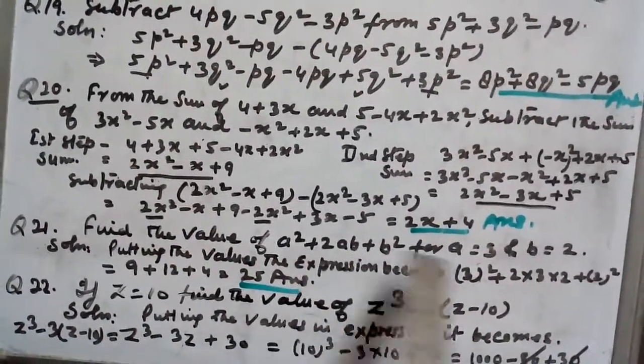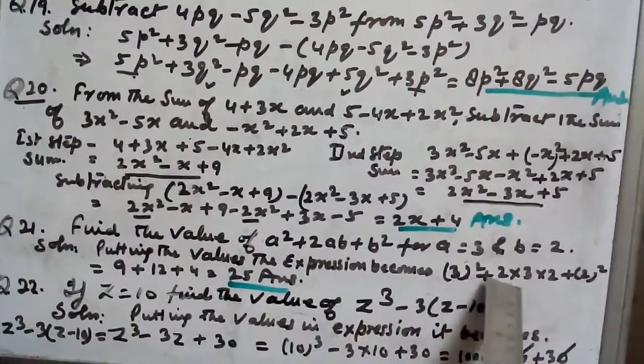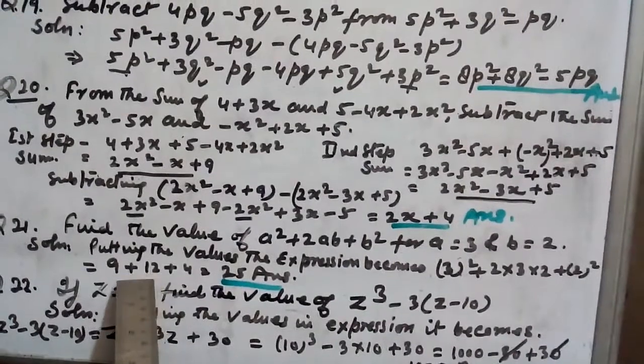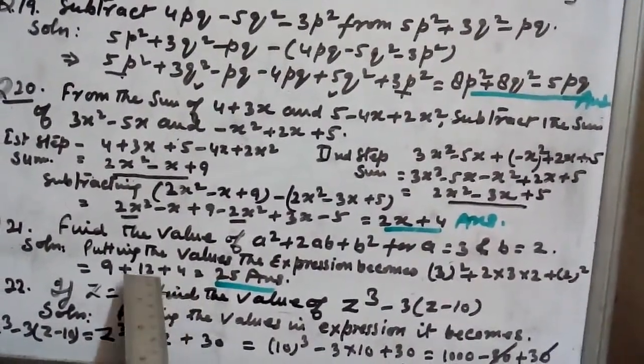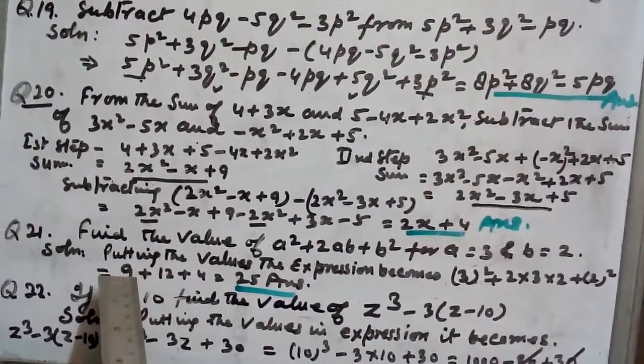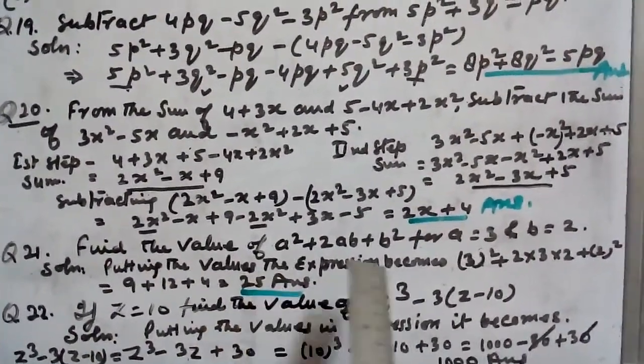After solving this, 3 square gives you 9, 2 times 3 is 6, times 2 is 12, the second term, and the third term, 2 square, gives you 4. 12 plus 4 is 16, and 16 plus 9 is 25, which is the answer.